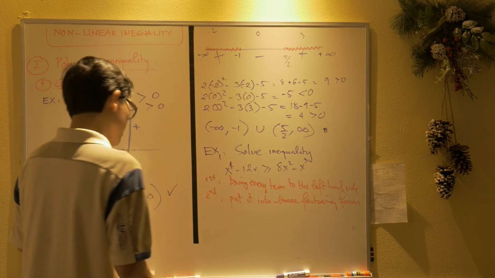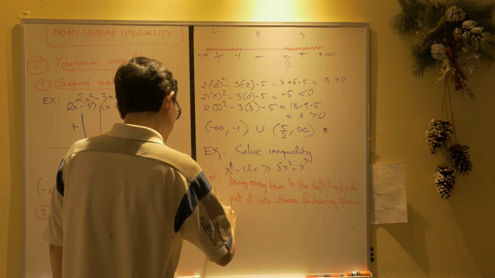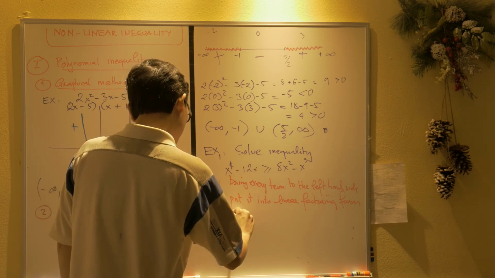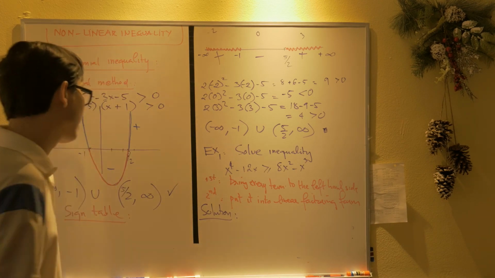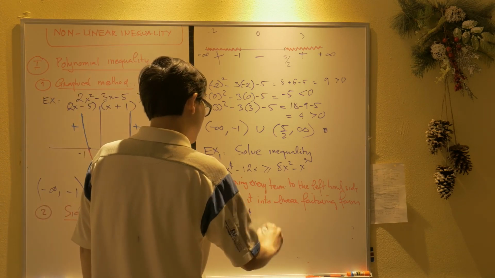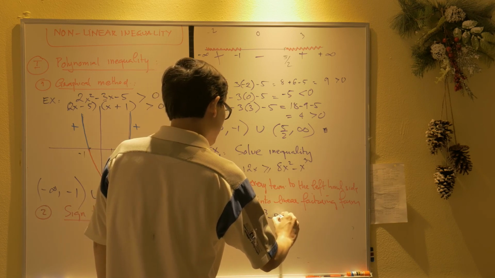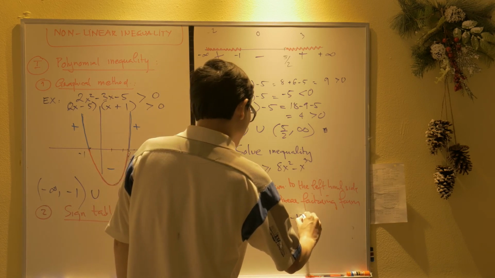So, let's see how we're going to solve this. Solution. Bring everything to the left-hand side. You have x to the 4 plus x to the 3rd minus 8x squared minus 12x greater than 0.